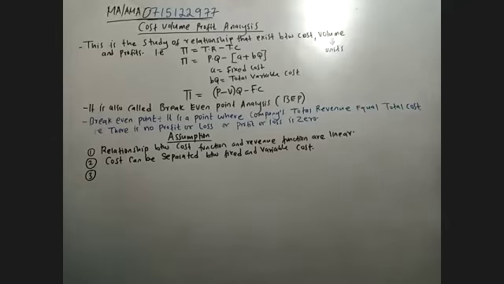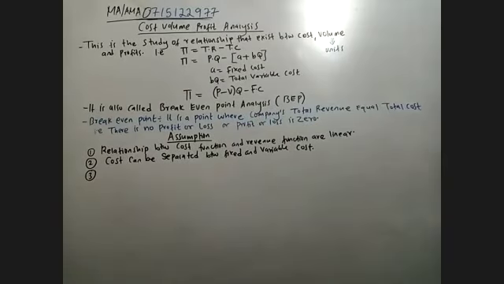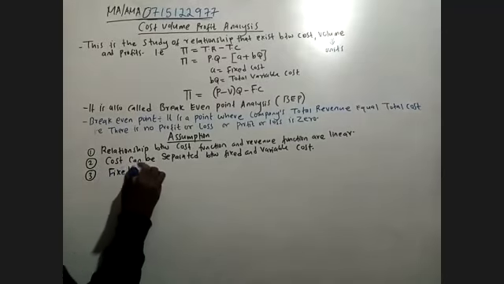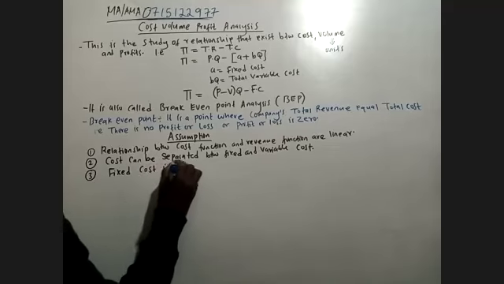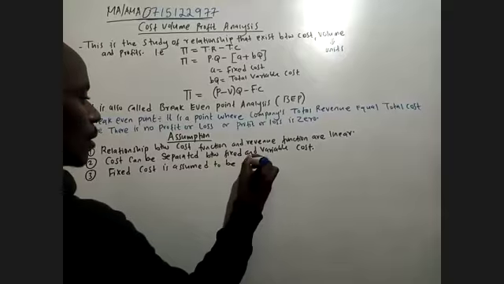So the cost can be reduced to fixed or variable cost. Then, fixed cost is assumed to be constant.